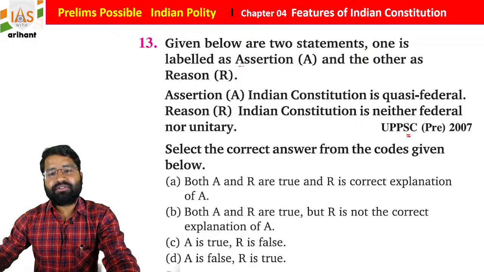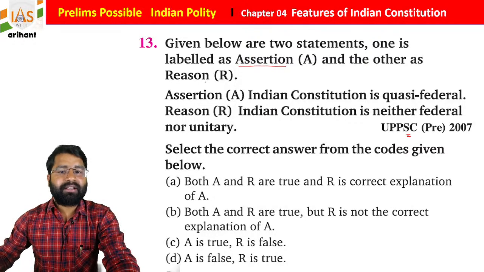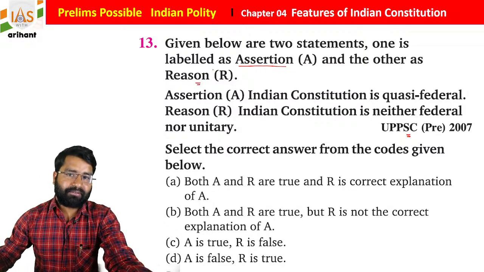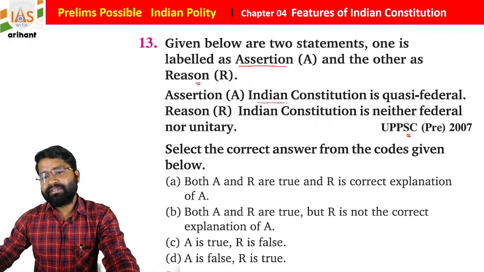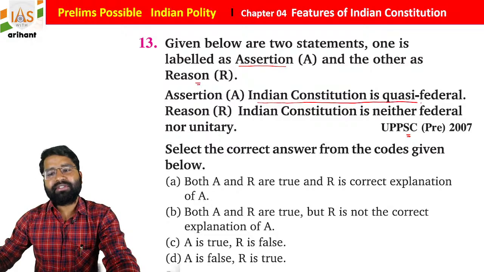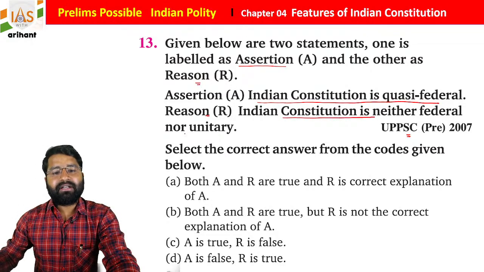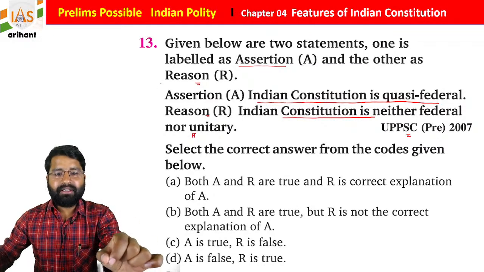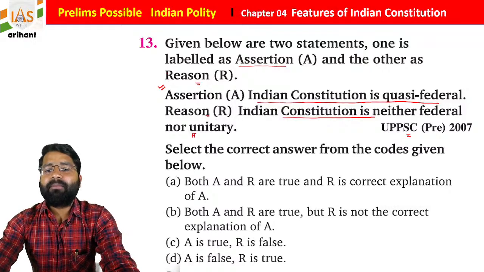Now this question belongs to UPPSC pre-2007. Once again there are two statements, one assertion and another reason, and you have to choose the correct one. Assertion says that the Indian Constitution is quasi-federal. Reason says that the Indian Constitution is neither federal nor unitary. We are quasi-federal, so the assertion is okay. What about the reason?